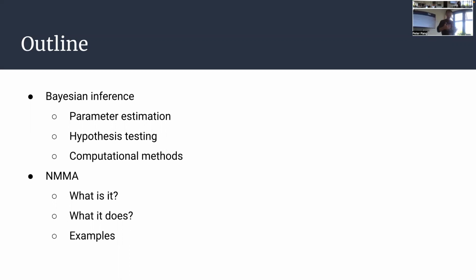Then in the later part, we'll talk about the computational methods that we extensively use for Bayesian analysis, like how we do sampling, how we actually calculate the Bayes factor, and so on. After which, we will talk a bit more about NMMA, the software that we built. What is it? What does it do? And also what examples, what kind of science we have been trying to do with this software.